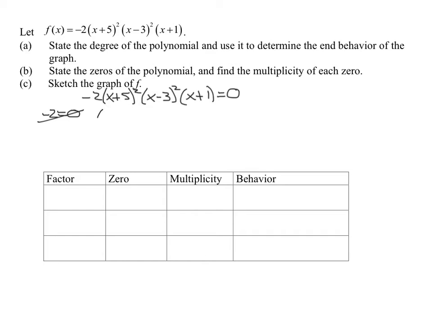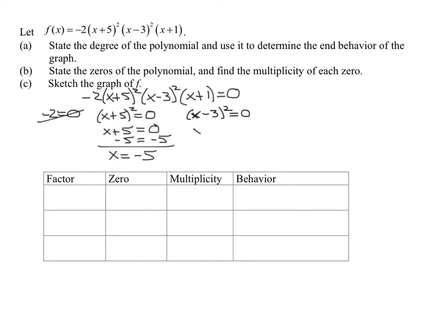So now let's take x plus 5 squared and set that equal to 0. Well, that is equal to 0 when x plus 5 equals 0. And remember, how do you solve this? We're going to subtract 5 from both sides, so you're going to get x equals negative 5. Now let's look at our next factor, x minus 3 all squared equals 0. That means x minus 3 has to equal 0.